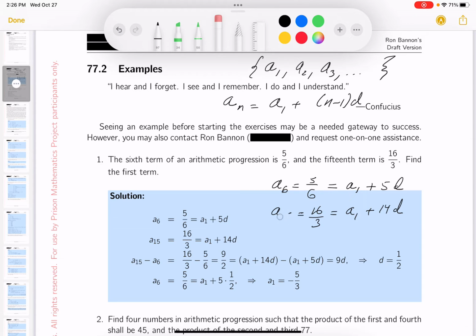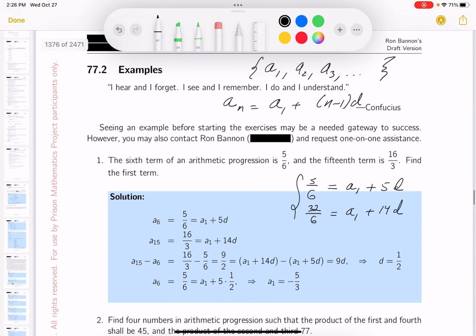Let me erase this information over here. Let me write down 16/3 in terms of sixths. It's going to be 32/6. All right, what I'm going to do is subtract these two.